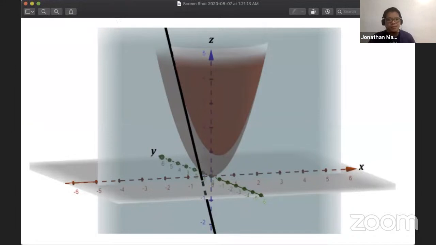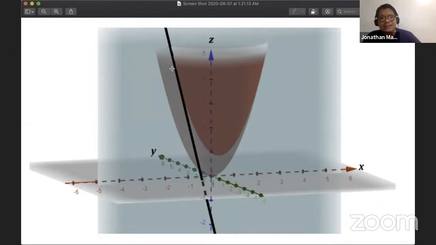Okay? Etong plane na to, this has an equation given by y equals 1. So, you have a plane, in-intersect mo with the paraboloid. And take note, the intersection of the plane and the paraboloid is this one. Yung parabola. Okay?